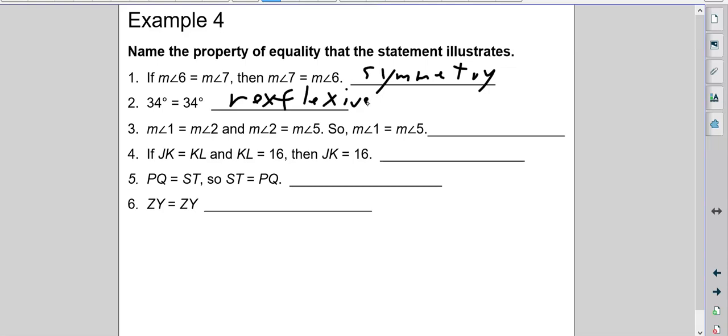All right, if angle 1 equals angle 2, and angle 2 equals angle 5, then angle 1 equals angle 5. That is that whole friendship example I just did, and that's transitive. All right, if JK equals KL and KL equals 16, then JK is 16. That's transitive again.